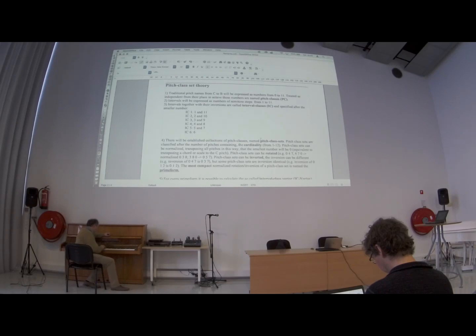We do it also with maybe the dominant 7 chord. Of course, we can even do it like this. If I transpose that down, then we have it. But even so, we classify it as one and the same phenomenon.